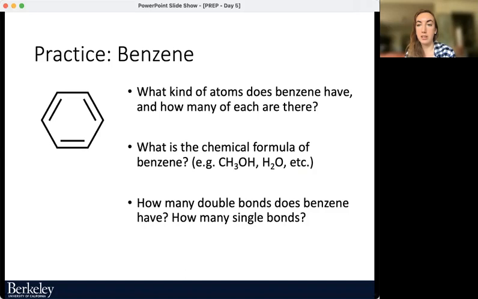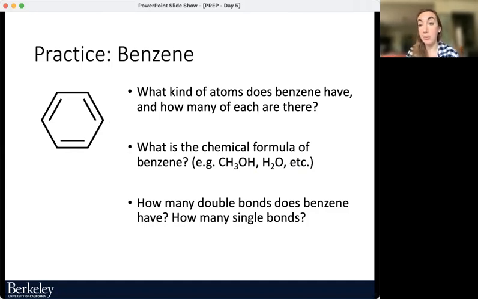So this molecule is called benzene. And I want you to count how many atoms benzene has and how many of each are there. So how many carbons are there? How many hydrogens are there? Are there any oxygens, etc.? And then given that, what's the chemical formula? So with those subscripts, and then count the bonds, how many double bonds and how many single bonds.